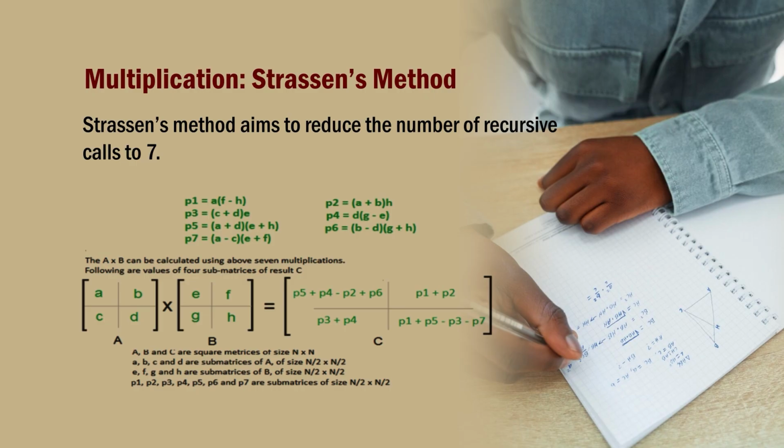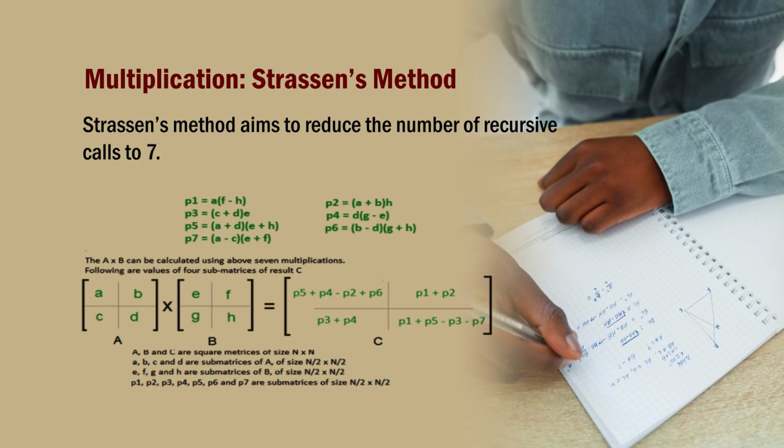For the Strassen method, you can see the matrix A and the matrix B having elements A, B, C, D, E, F, G, H, all of which are matrices within the matrix, because A and B have dimension n, and the small a, b, c, d, e, f, g, h have dimension n by 2, n by 2. In the earlier example there are 8 multiplications, but in the Strassen case you can see the number of multiplications is reduced to 7.